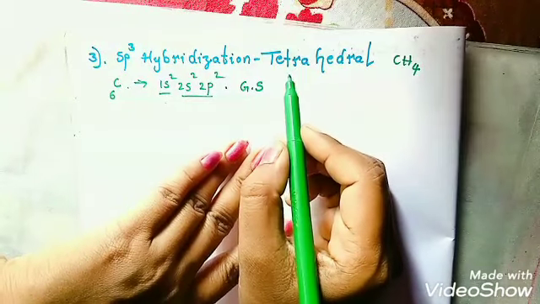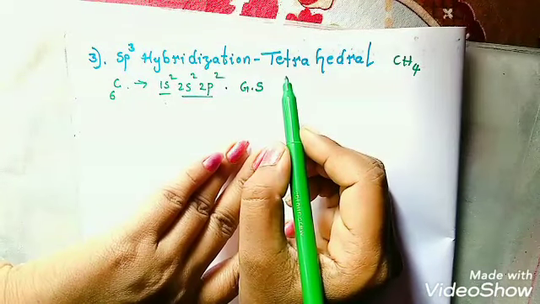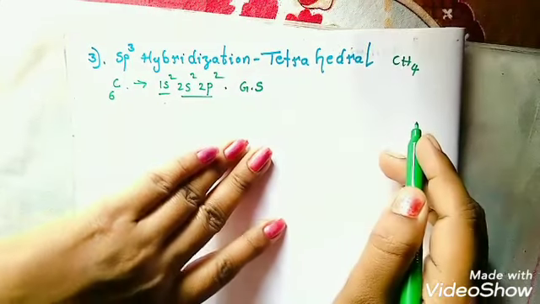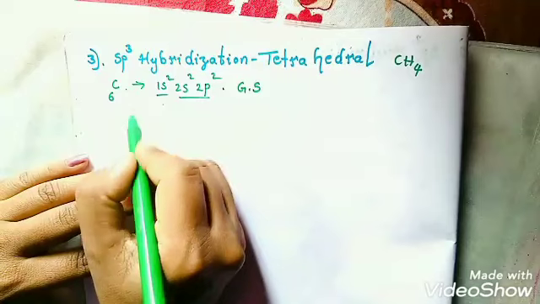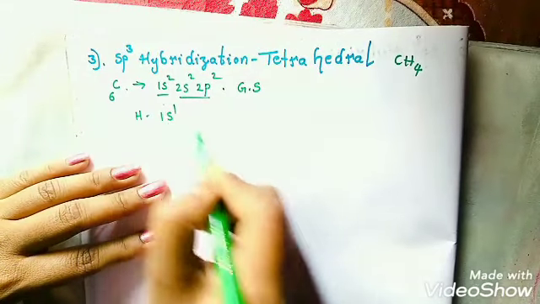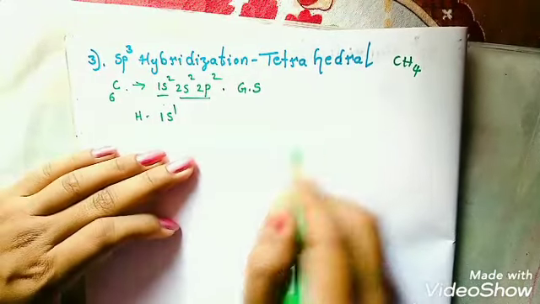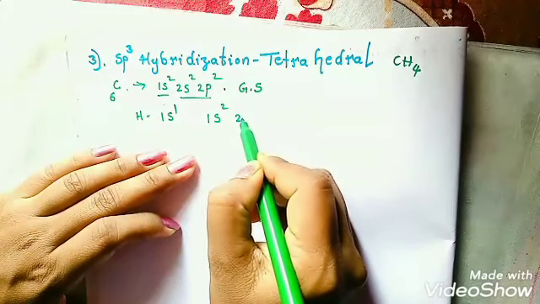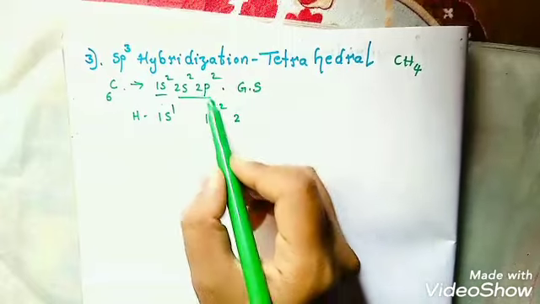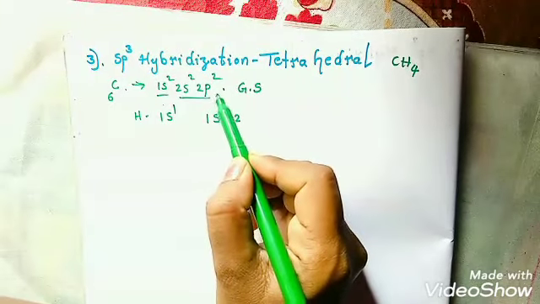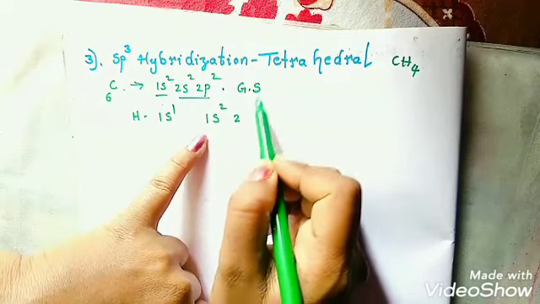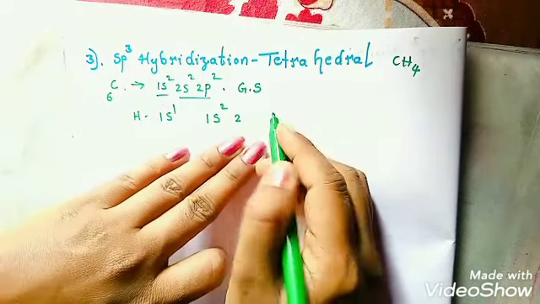So students, if you see like this, and for CH4 the hydrogen is 1s1. So 1s2. So students, here electrons are present in pairs, so you need to draw the excited state electronic configuration.